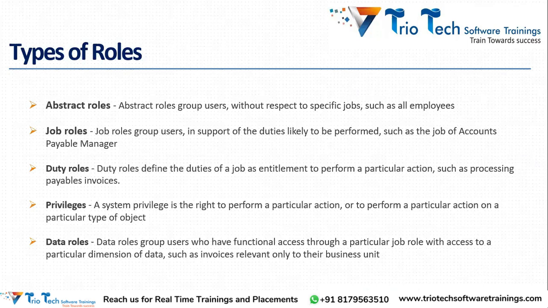As we understood from the example of the accounts payable accountant or manager, they have the duty of processing the invoices, processing the payments, running, analyzing and reviewing reports to check certain details, and month end or period close activities. These things are part of the duties that they need to perform.